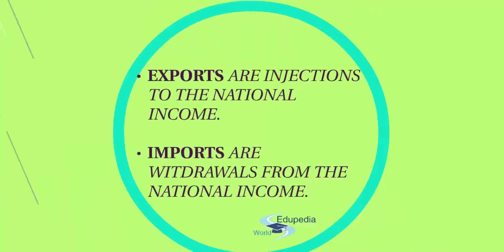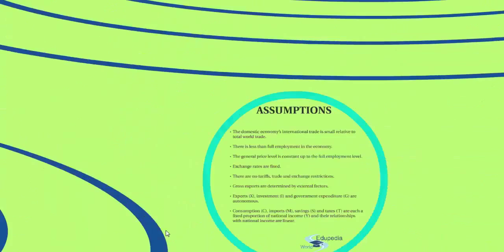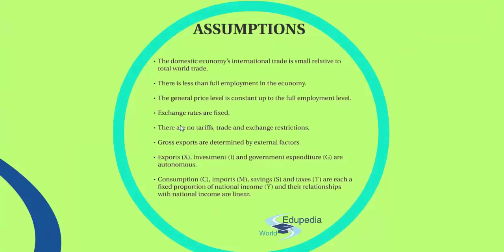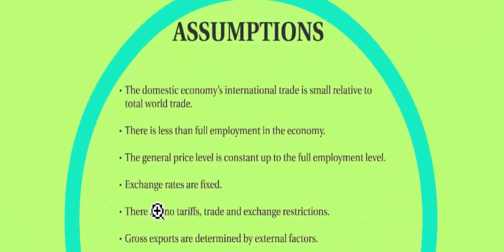Now let's move on to understand the basic assumptions of the four-sector model. The first assumption is that the domestic economy's international trade is small relative to the total world trade. Now this is very easy to understand. Obviously, when we consider the trade of just one country, it will be a very small proportion as compared to the trade of the whole world.